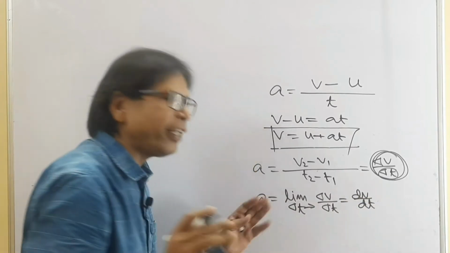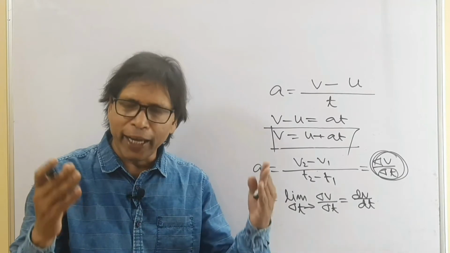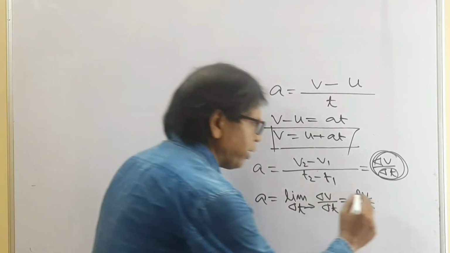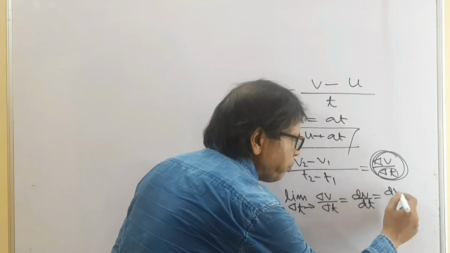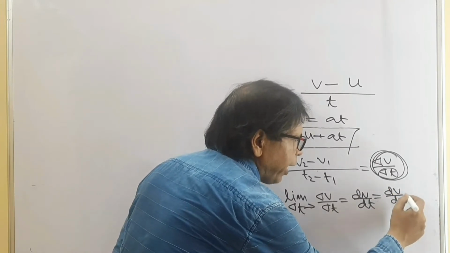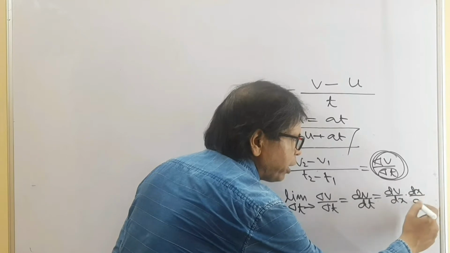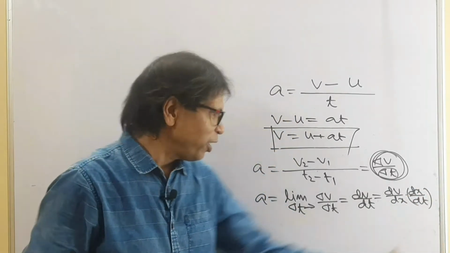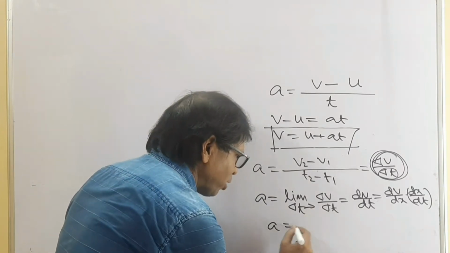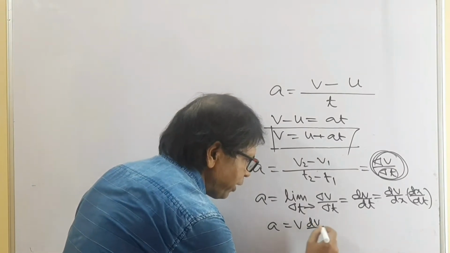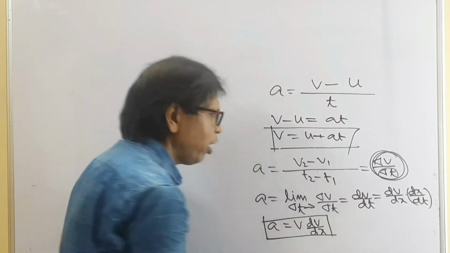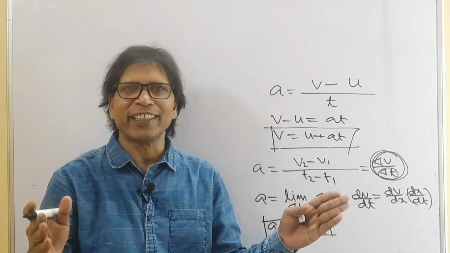This is the instantaneous acceleration or acceleration of a particle. Now this can be written as dv by dx into dx by dt. Now dx by dt is the velocity. So acceleration equal to v dv by dx is another relation for acceleration or instantaneous acceleration.